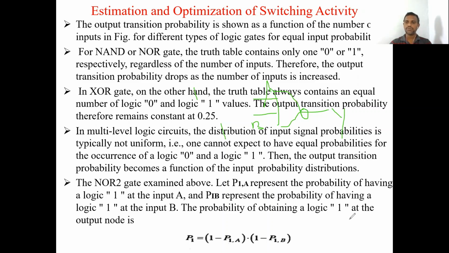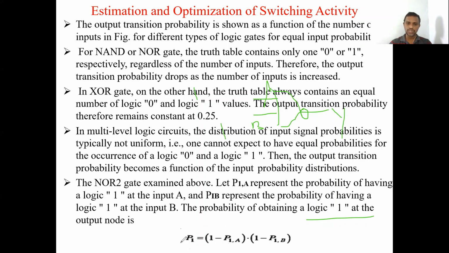The probability of obtaining a logic 1 at the output node: if you know the probabilities of the inputs A and B for logic 1, then you can easily calculate the output node probability. So the output node probability P1 is equal to (1 minus P1A) multiplied by (1 minus P1B).